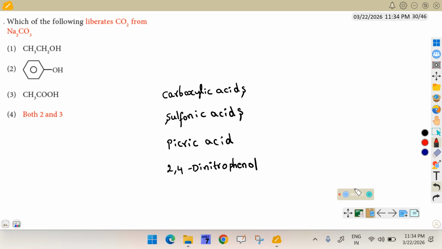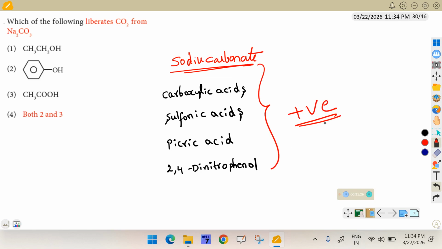Which of the following liberates CO2 from Na2CO3? Sodium carbonate test. Which functional groups give a positive sodium carbonate test? Carboxylic acids give a positive test because they are more acidic than sodium carbonate.